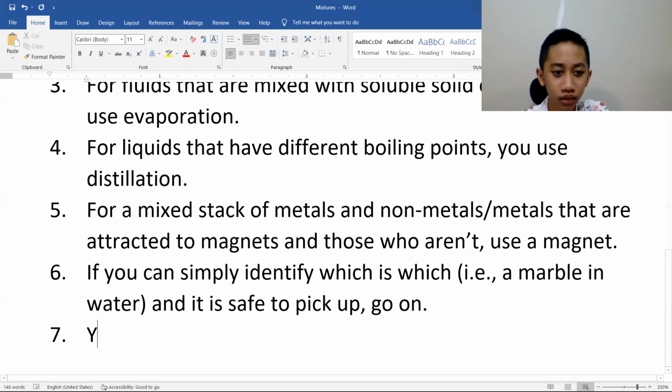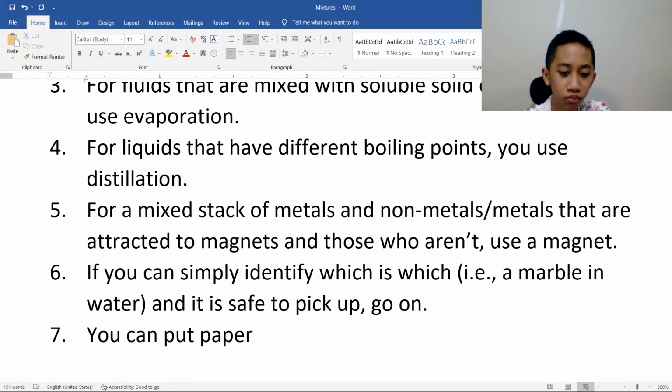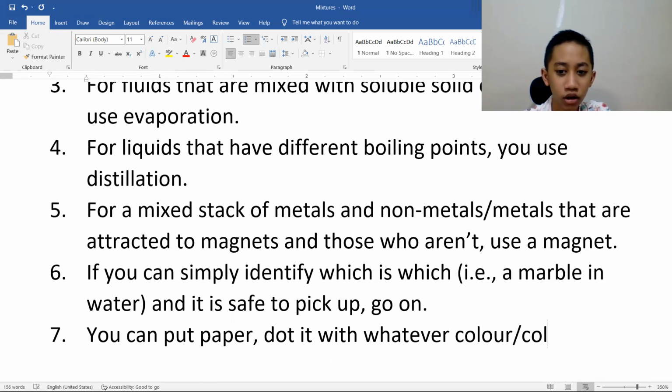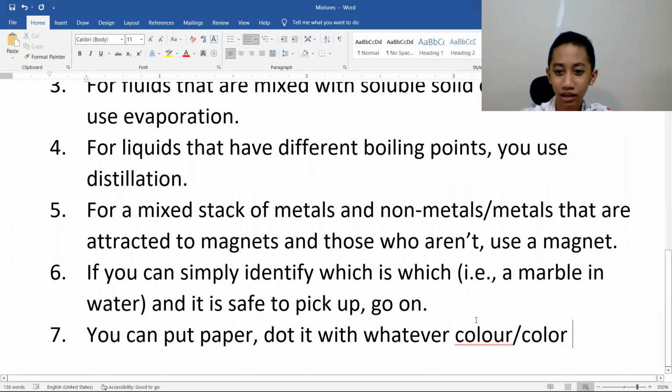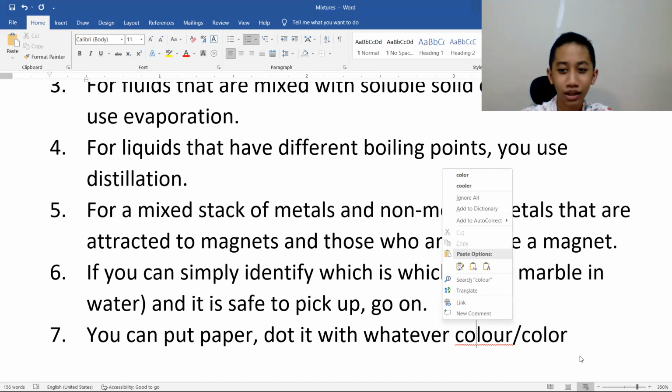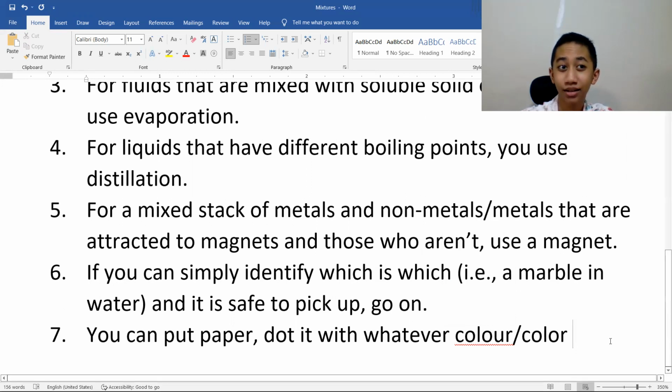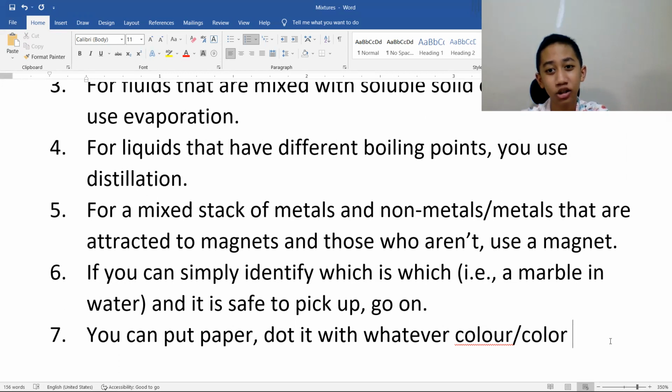Number 7, you can put paper, dot it with whatever color. I'm not trying to enforce the debate on which you should use, British English or American English, colour or color, in which both sound similar.